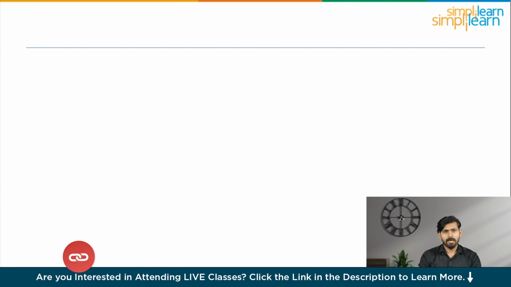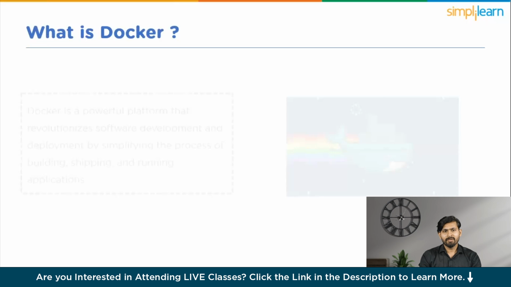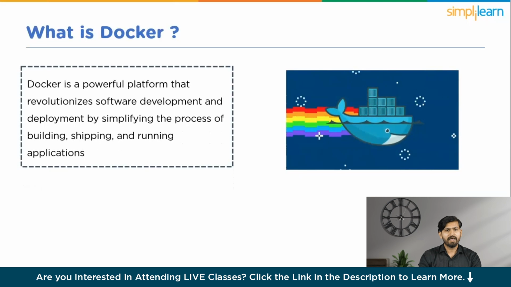So guys, let's start with what is Docker. Docker is a powerful platform that revolutionizes software development and deployment by simplifying the process of building, shipping, and running applications within lightweight and portable containers. These containers encapsulate everything that an application needs to run, including code, runtime, system tools, and libraries, which ensures consistency across different environments.